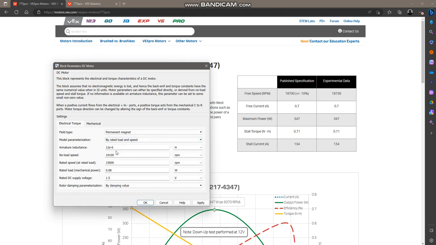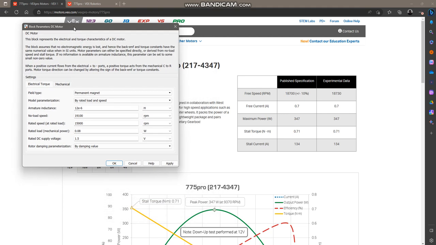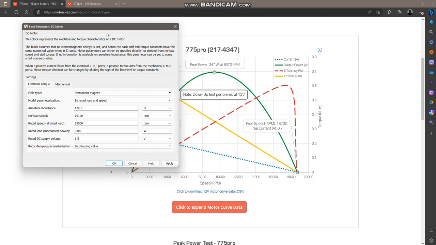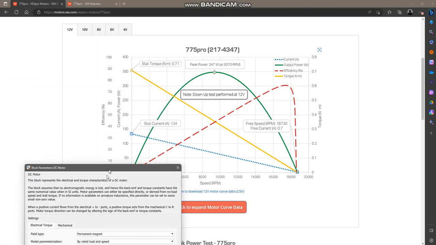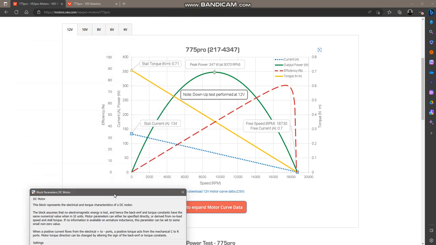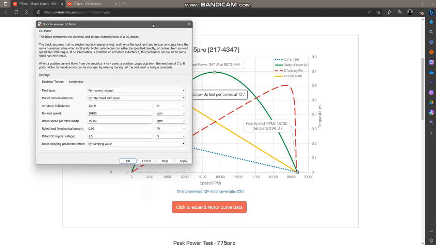We'll take a look at rated load and speed. So armature inductance is once again not specified. No load speed can be figured out from the curve. No load speed means the RPM or the angular speed when the torque output is 0. Essentially the RPM or the angular speed at this point.